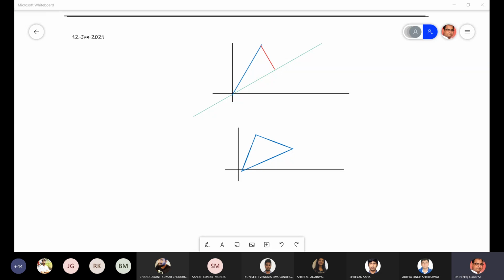So by now we know that if X transpose Y is equal to 0, the vectors X and Y are said to be orthogonal.